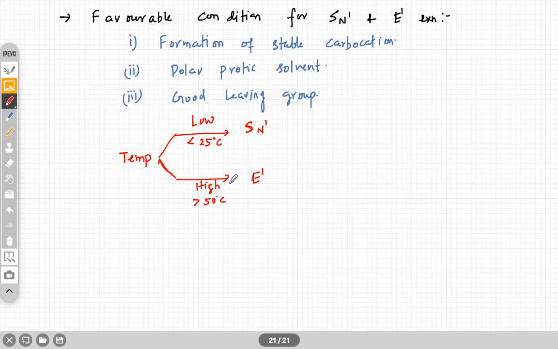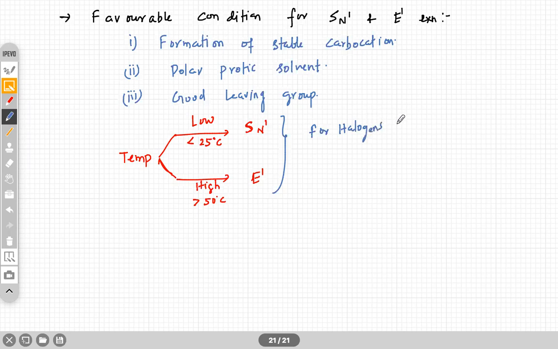Okay, elimination reaction. And this is the temperature I am giving here for halogens as the leaving group.